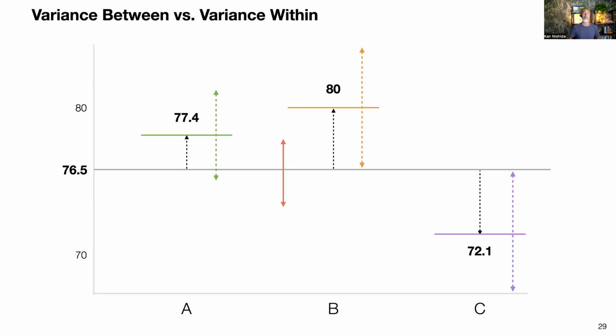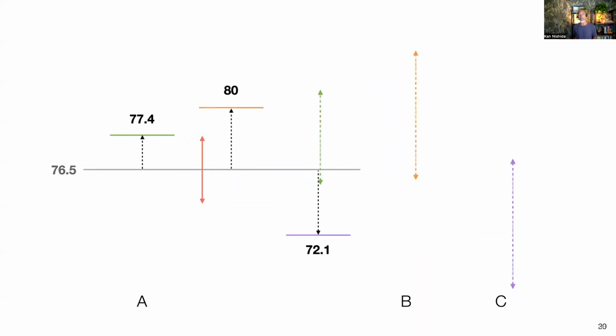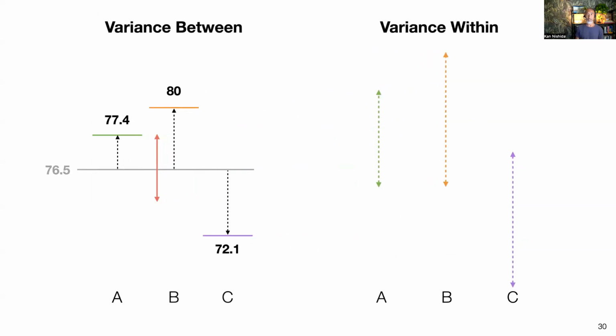Okay, and then basically the question is, is this red variance line big enough, right? So that's the question that we are trying to answer. What we want to do is compare this red line against these dotted lines, which are the variance within.